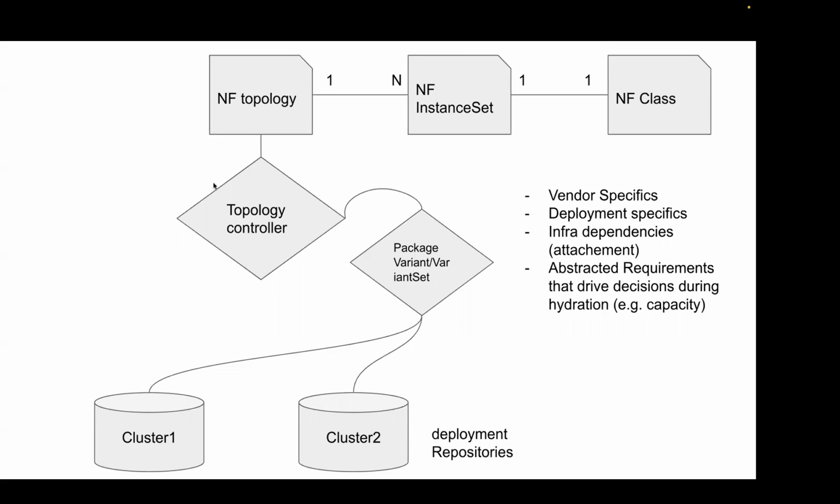So in our proposal, the way that we would do that, and that was a discussion between us: in the current proposal, topology controller, if I understand how this works right now, would be split in two pieces. It takes in the topology, which has multiple instance sets, so there can be different ones.